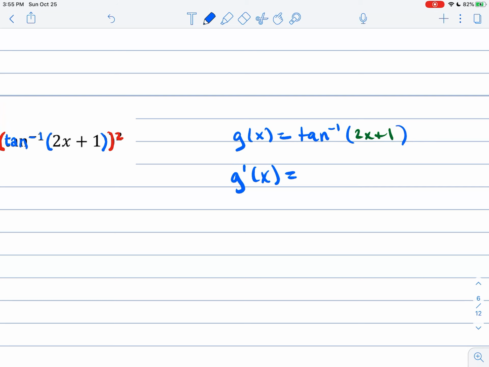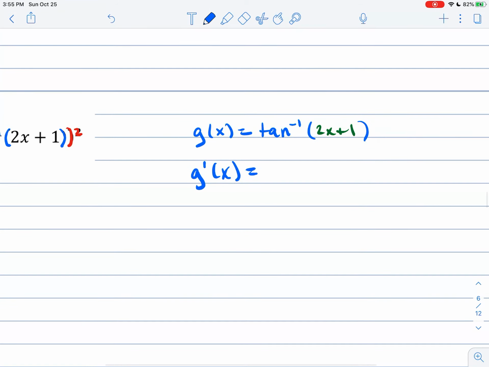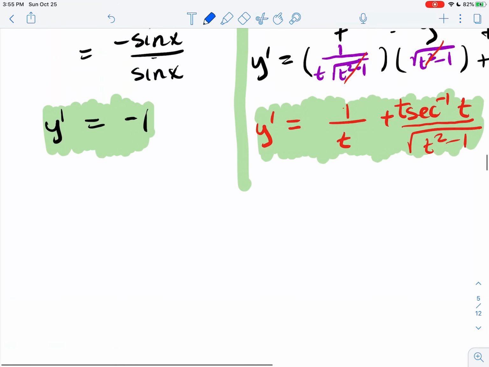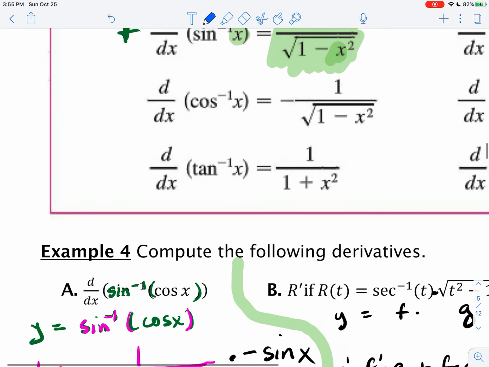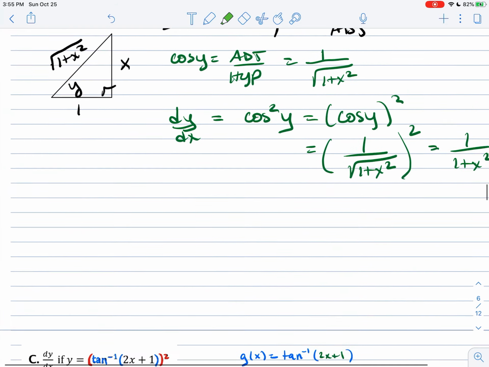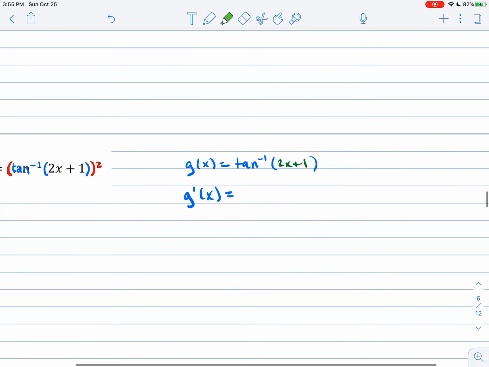Because I'm going to need to do that derivative. My g prime is the derivative of the inside, right, using my chain rule. I know that the derivative of inverse tangent is 1 over 1 plus x squared. And so keeping in mind, just coming back to that derivative rule, whatever this x is, that's what this x is.